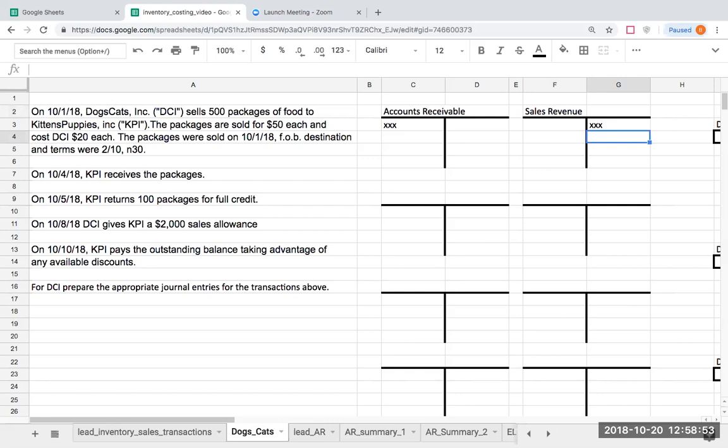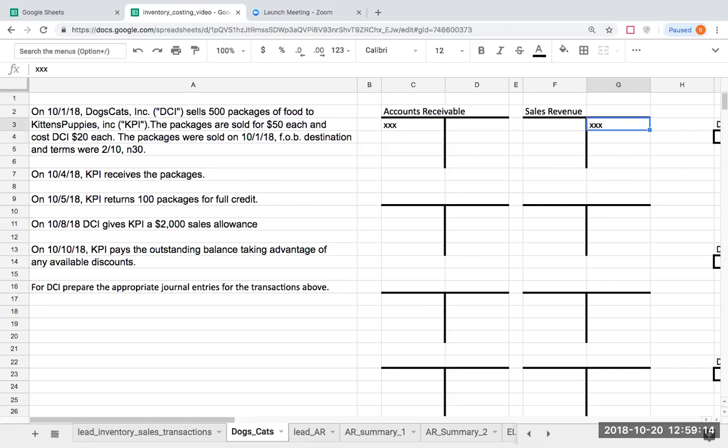So the first part of the transaction, to record the sale, is not really changing. We're debiting accounts receivable. Accounts receivable is an asset; that customer owes us money. And we're crediting our revenue, in line with the way we've been learning accounting previously.